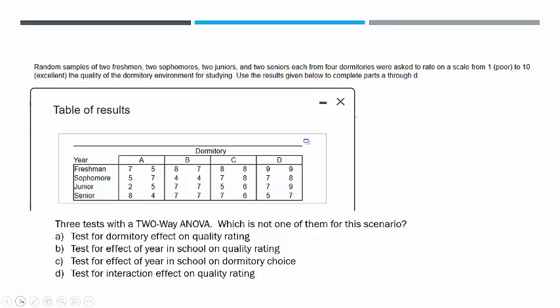So pause here. This is the same example from before, where they are measuring the ratings on the quality of dormitory environment. All of these numbers here are ratings that students gave, but it's broken down by the class, right?